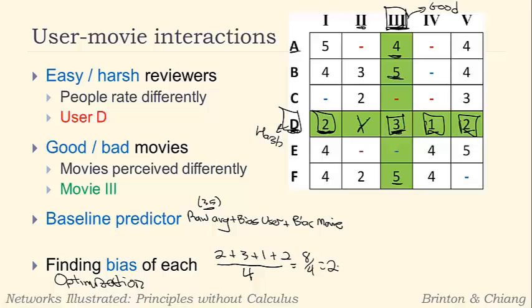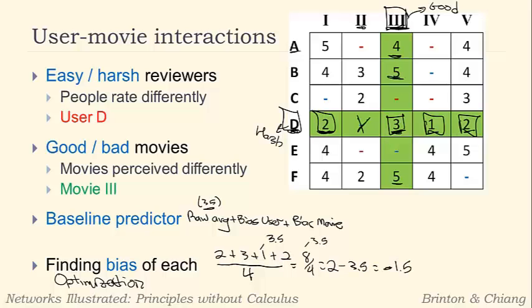But then we have to subtract out the mean, because we want to do it relative to the overall mean. So we do 2 minus 3.5, which is negative 1.5.